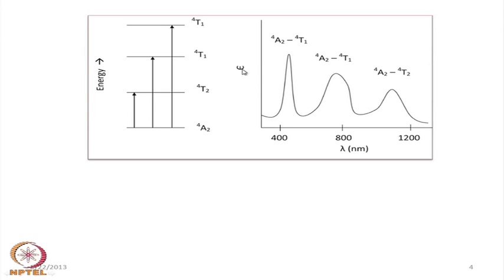If we look at the epsilon values, they are also increasing, so the high energy transition is much more probable compared to the low energy transitions. As we move towards higher energy on the UV side, the possibility of charge transfer transitions arises, where the epsilon values are pretty high.